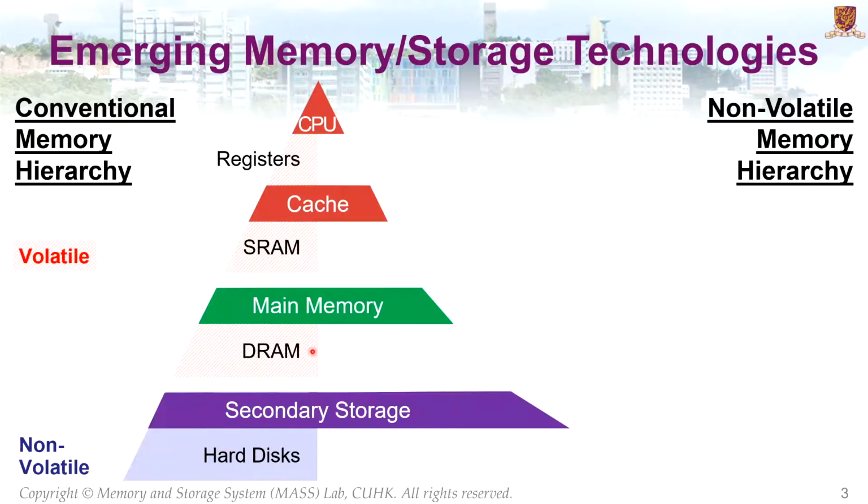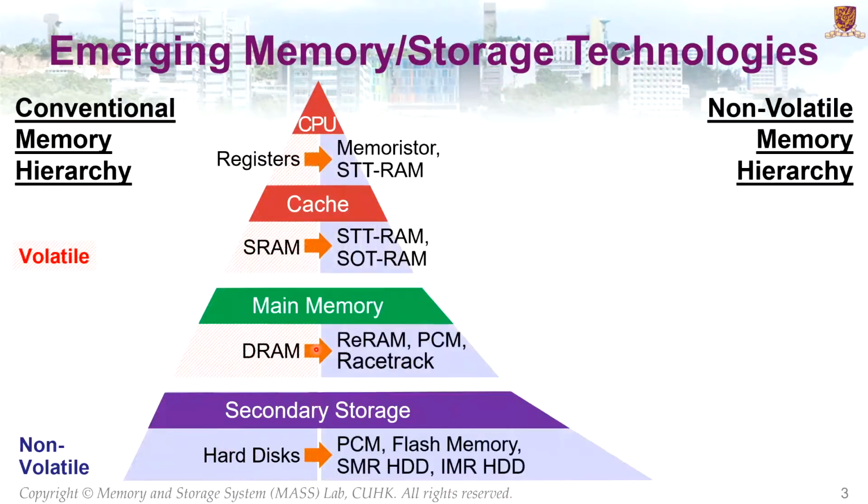But thanks to the quick advancement of different technologies, we now have a variety of options to construct this memory hierarchy. For example, we have magnetic RAM like STT-RAM or SOT-RAM to replace the CPU registers or the cache in the CPU.